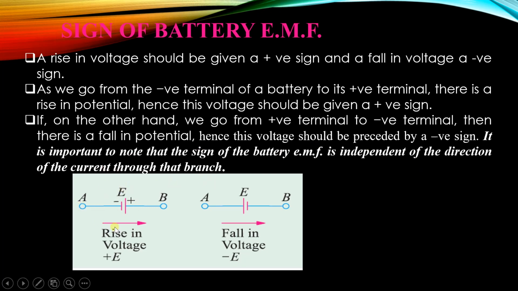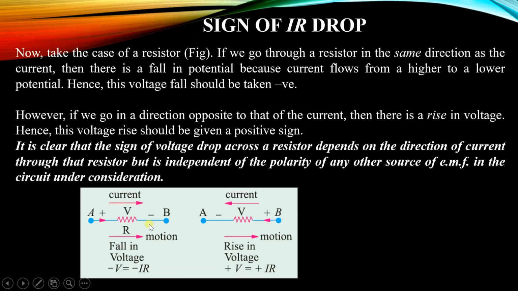Meaning the signs of the battery, whether positive or negative, are independent of the direction of the current in that branch. Then how do we take the signs of IR, or potential or voltage drop?